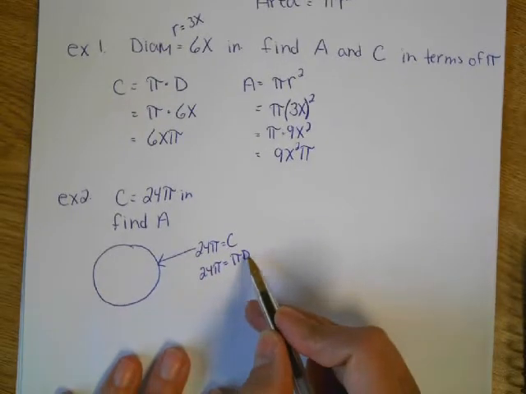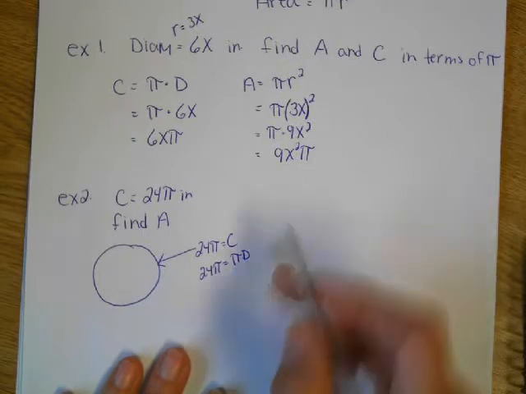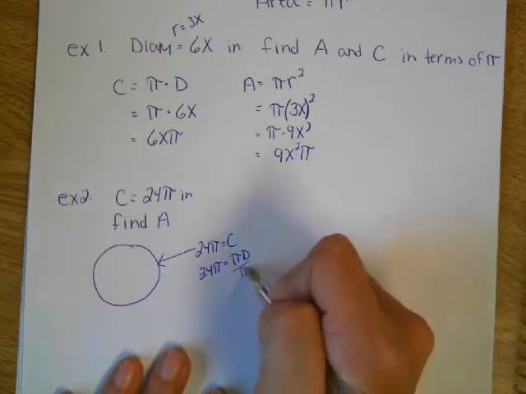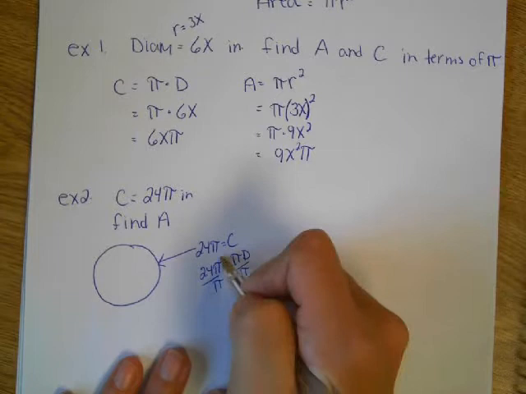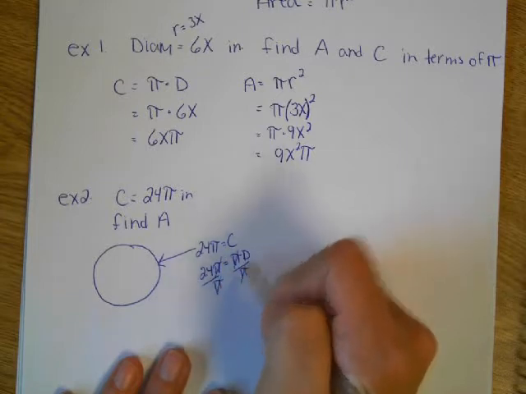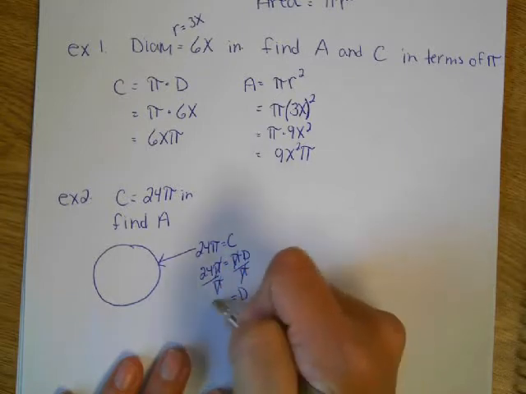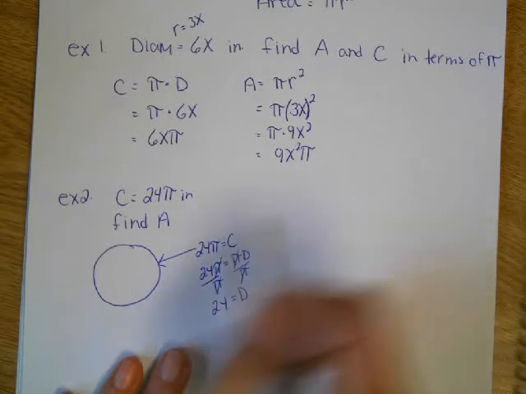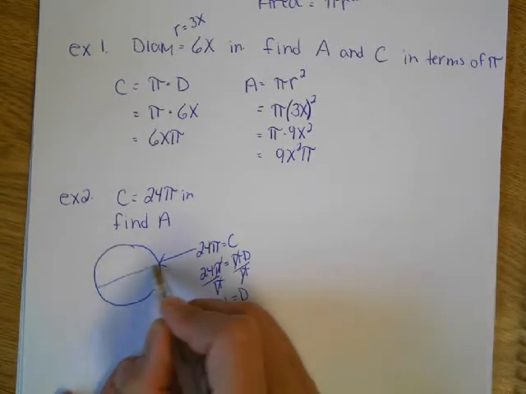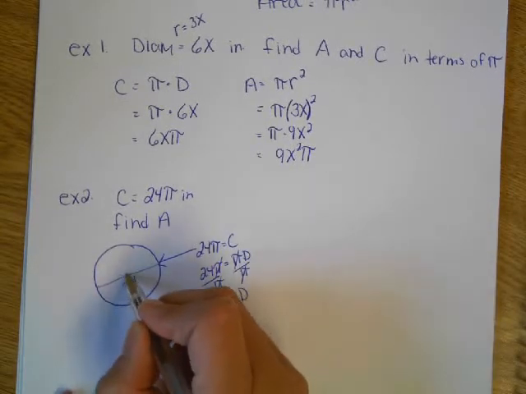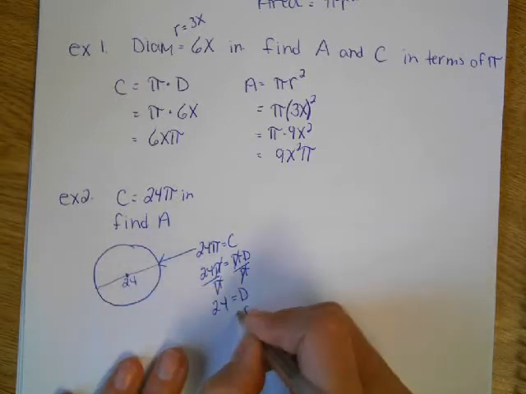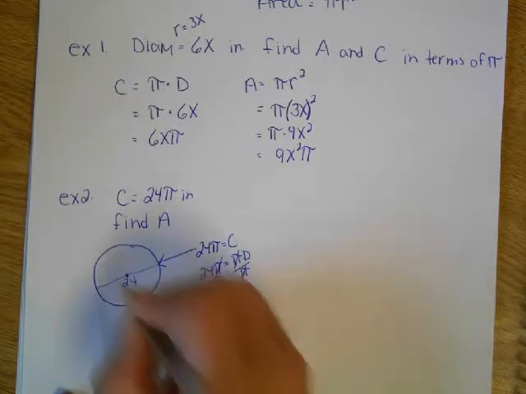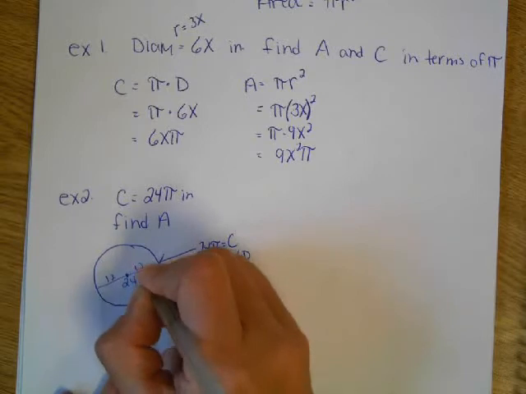I can do algebra and figure out what the diameter is. Well, this is pretty easy because I can just divide both sides by pi. I don't need a calculator because I can cancel. I can see the diameter is 24. So all the way across this thing is 24, which now makes the radius, if I cut that in half, 12.